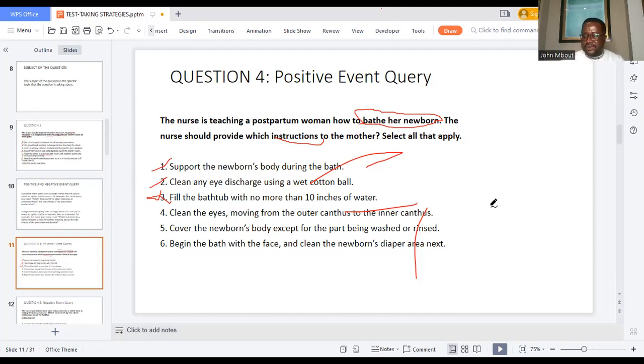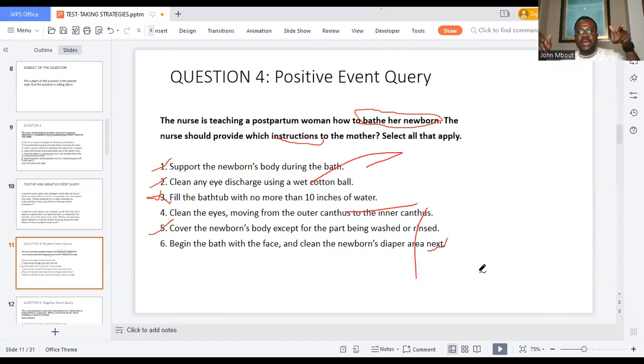So 5 and 6, from my explanation, 6 is wrong. So you cover the newborn except the part being washed and rinsed. Yes, correct. Begin the bath with face and clean the newborn's diaper area next. Be careful. They say next. They did not say last. They say next.